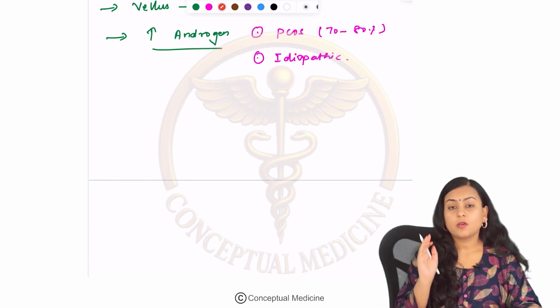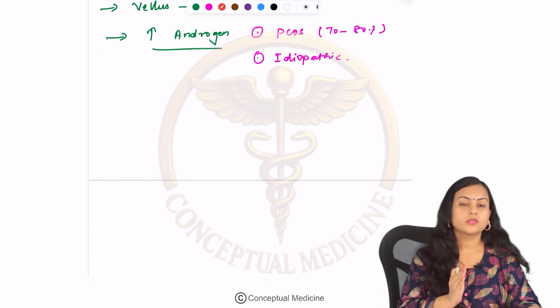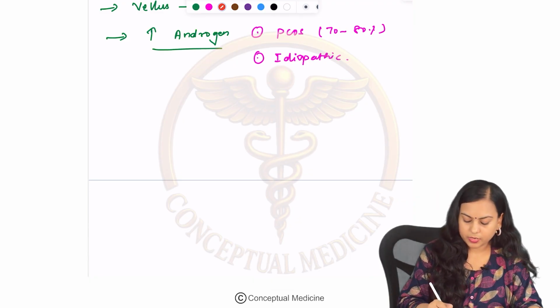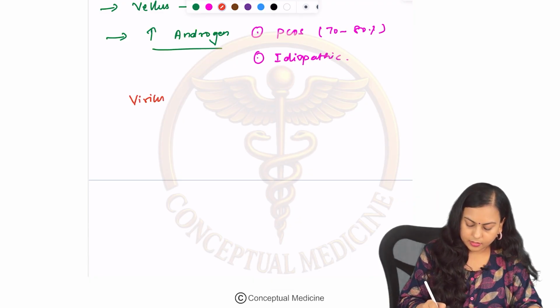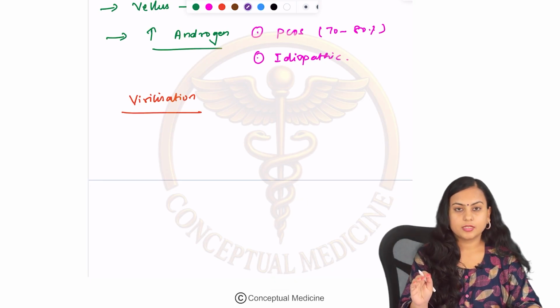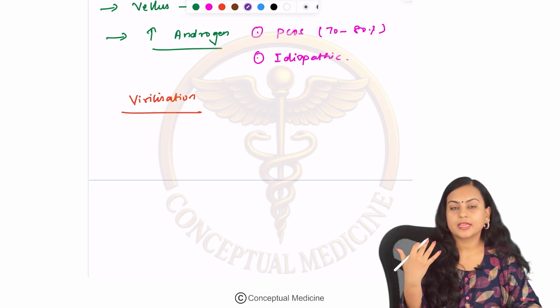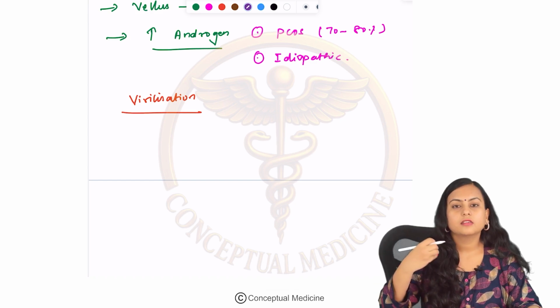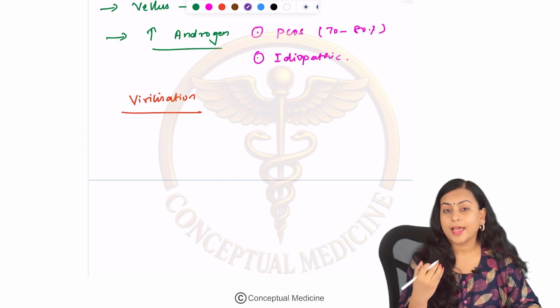Okay. Now, I want you to know the difference between hirsutism and virilization. Okay. So, virilization means the excessive changes that are happening in the female body that will be turning them more like a male, due to excessive androgens.